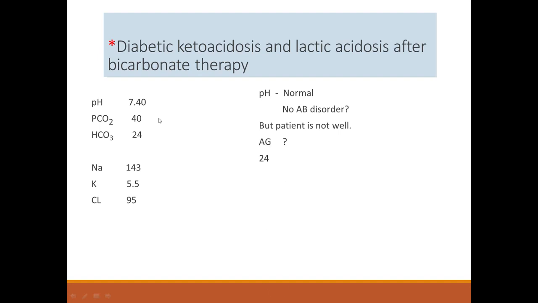Anion gap is 24, means the change in anion gap is 12, and there's no change of bicarb. So that makes more than 2, and the diagnosis is high anion gap metabolic acidosis with the metabolic alkalosis. So see, these two disorders with the normal pH because of the bicarbonate therapy.